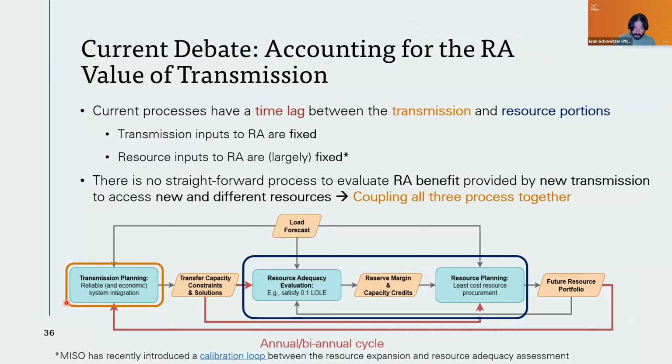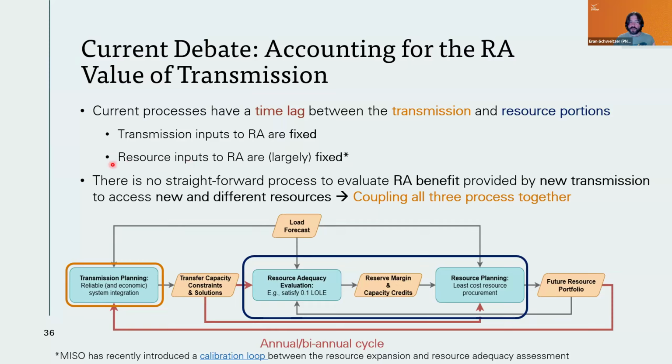So our transmission is over here, our resource planning portions, resource planning is resource adequacy, and these links over here that connect them, there is a time lag. It's an annual or a biannual cycle. That means that the transmission inputs to resource adequacy are fixed. The resource inputs are largely fixed. MISO has recently introduced a calibration loop, so there's sometimes a little bit of movement there.